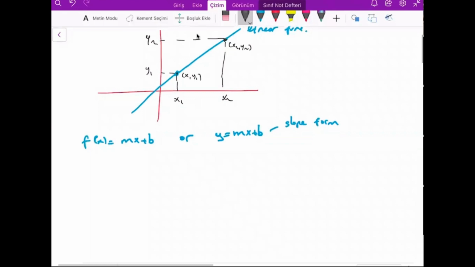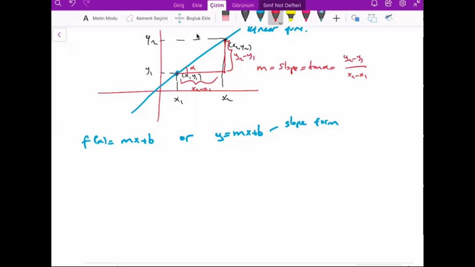The slope of the line is the tangent of this angle, so slope equals tangent alpha, this length over this length. This length is y2 minus y1, and this length is x2 minus x1. So y2 minus y1 over x2 minus x1 is our slope.